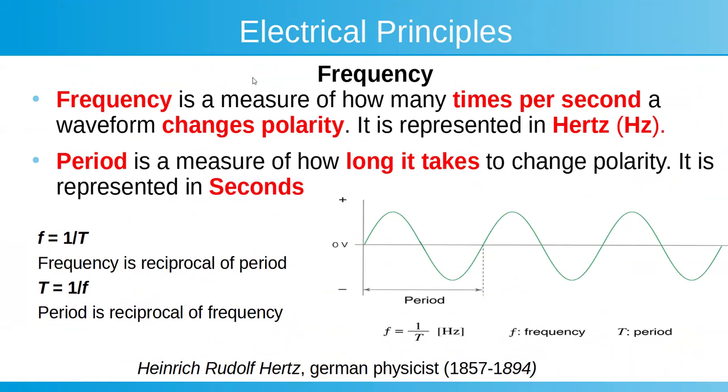Okay. When we talk about alternating current or radio or light, they have frequency. And it's the number of times per second that they change direction. So your 60 cycle house current is changing direction 60 times a second. Now, it's not on the exam, but there's also the period, which is the length of time it takes for that waveform to complete one cycle.